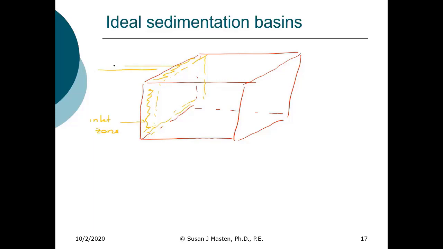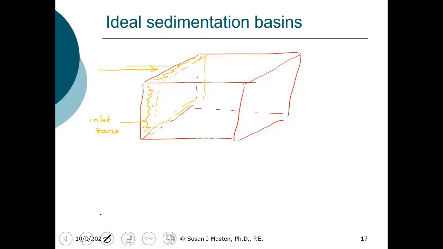So if we've got flow in here, what we're assuming is that if we have turbulent flow, or transitional flow within this region, and any particle entering has an equal probability of being anywhere within this zone. We're assuming we don't have removal in that zone.